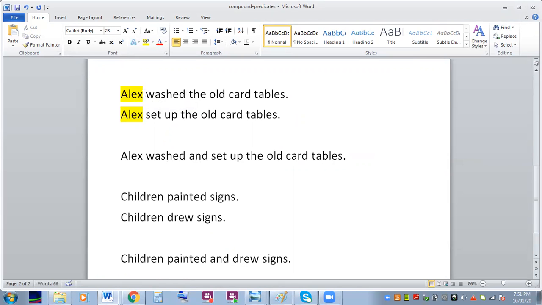In the first sentence, he washed. Okay? In the second sentence, he set up. So, we can combine our two predicates, washed and set up, by using the conjunction and.